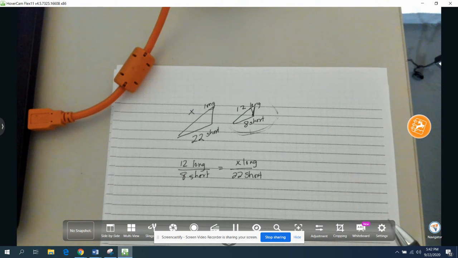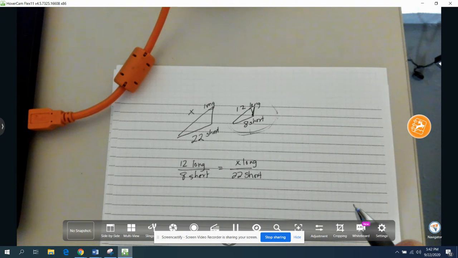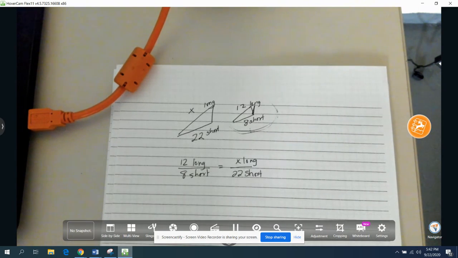Okay? All right. So there are 4 methods. You can use the giant one. So you would have to figure out what you would multiply 8 by to get 22. And I do that by taking 22 divided by 8.